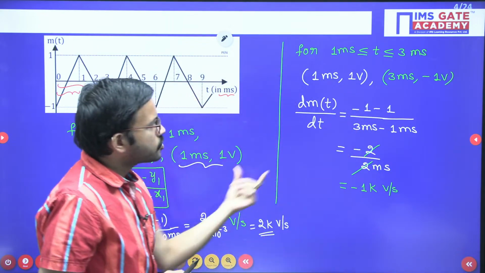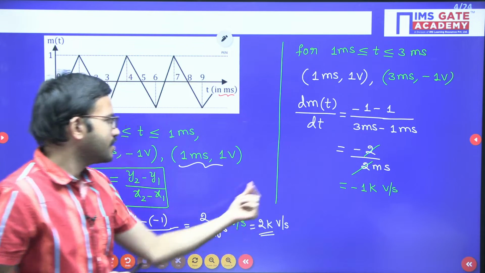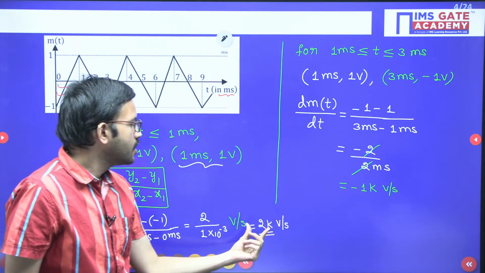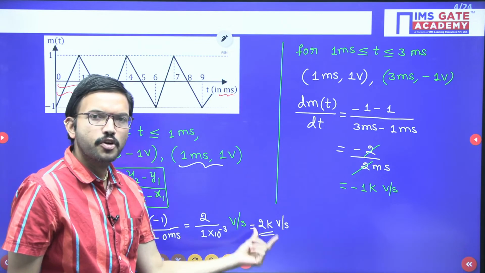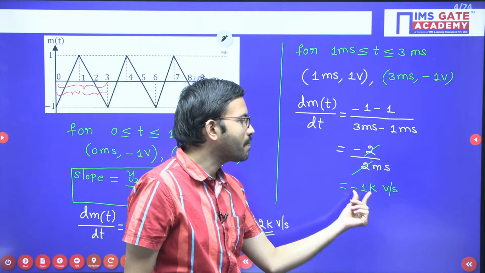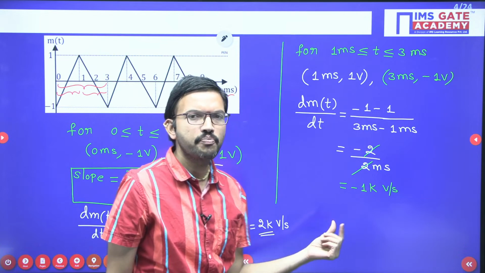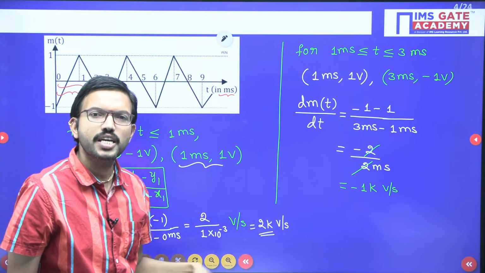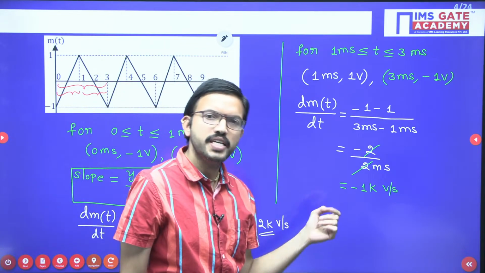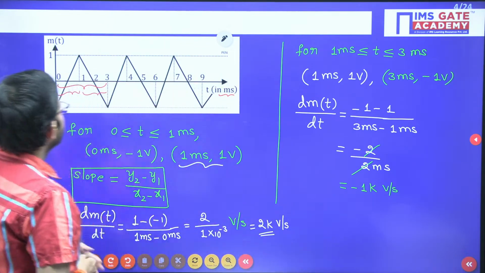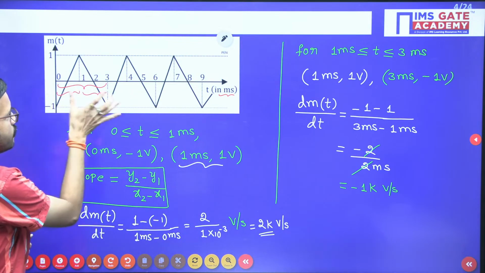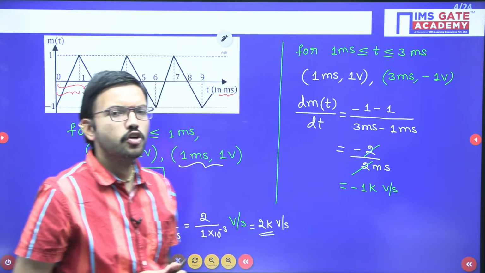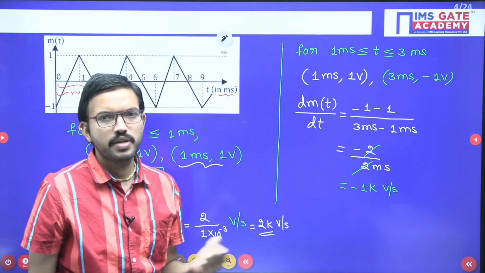Even after solving, you can easily observe these two values: here you are getting 2000, a positive value, whereas here you are getting minus 1000, a negative value. Positive value will be maximum and negative value will be minimum. So just by observing the waveform, you can tell in which interval you are going to get maximum slope and in which interval minimum slope, right?